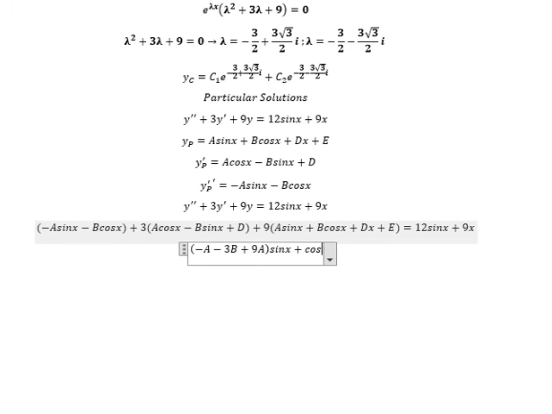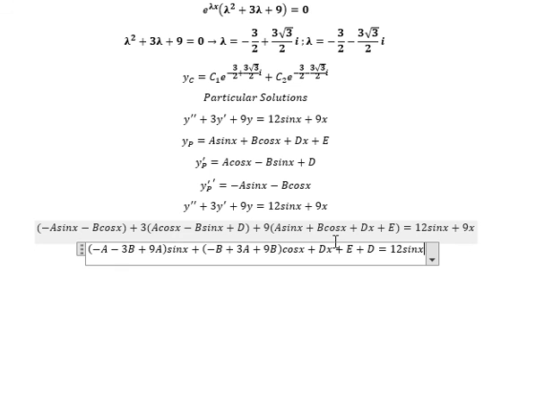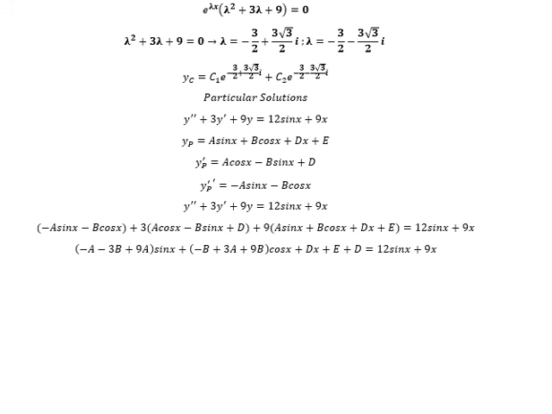About cosine x, we have negative b, positive 3a, and we have 9b. The next one, we have dx, and the last one we have e plus d, equal to 12 sine x plus 9x.